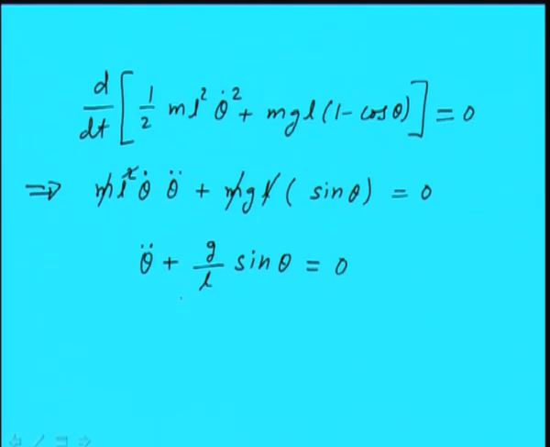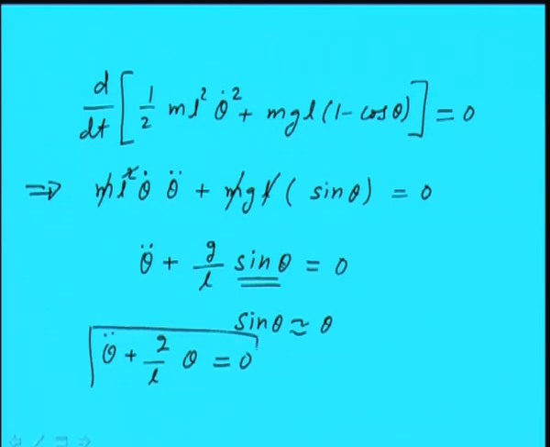Now previously we obtained this expression earlier also, that this is the nonlinear function. For small angle of theta, sin theta can be written as theta. So this is the familiar equation as we obtained using the Newton method, Newton's second law.